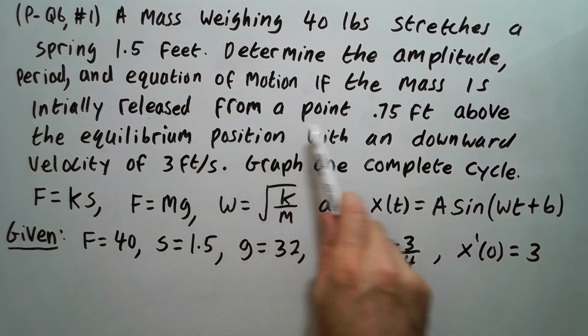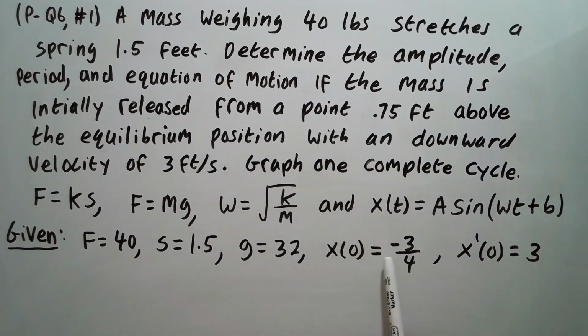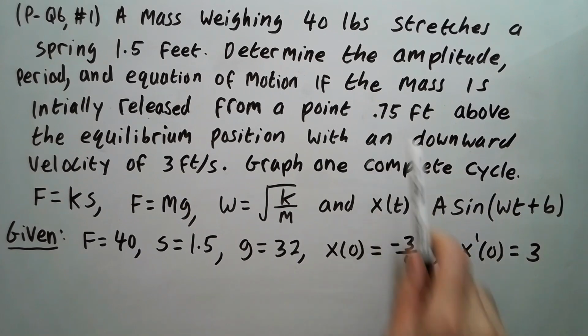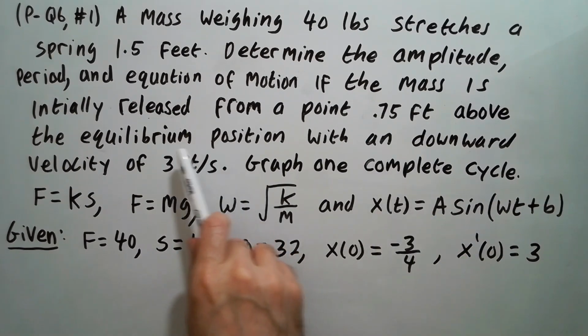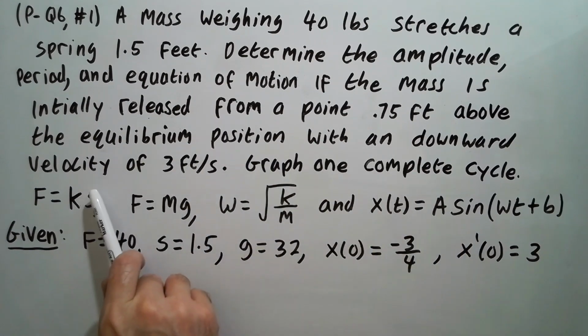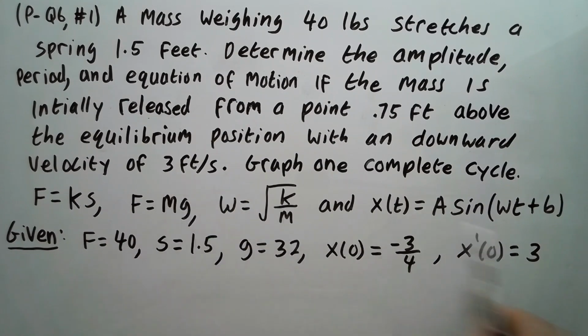So release from a point above would be considered negative. So 0.75 would be negative 3/4 then. With a downward velocity, so again, down is considered positive, so it'd be 3 feet per second, so it'd be 3 here.